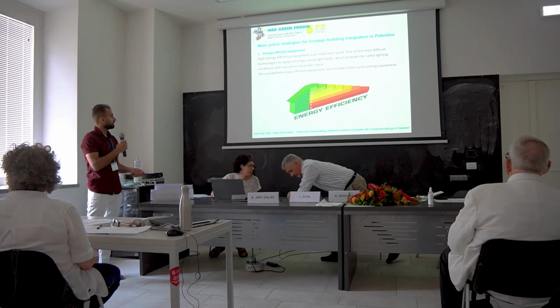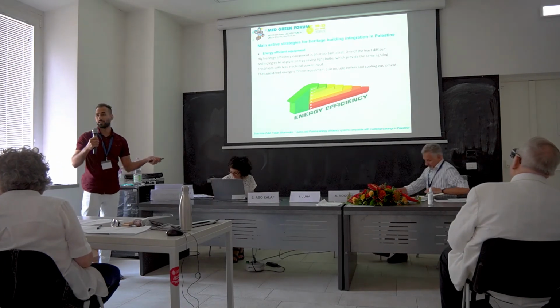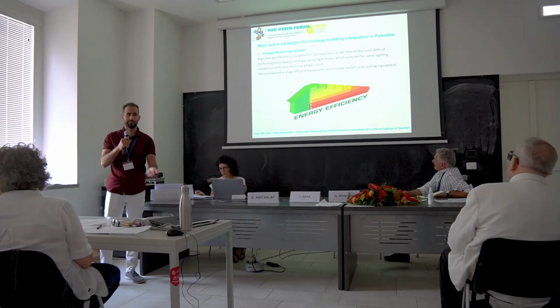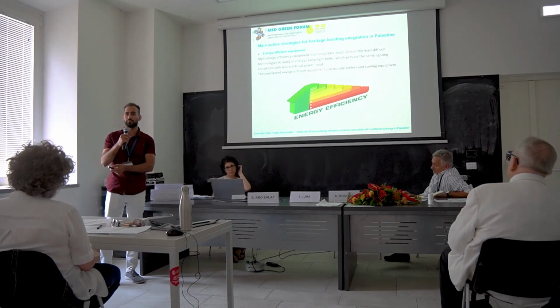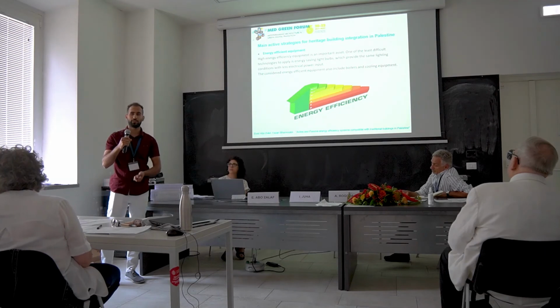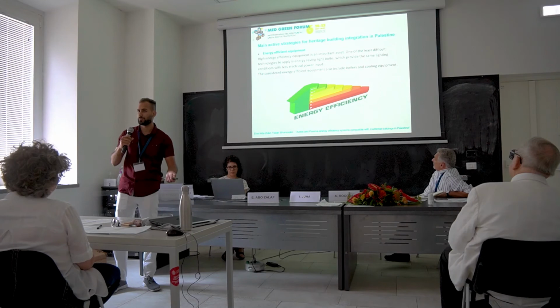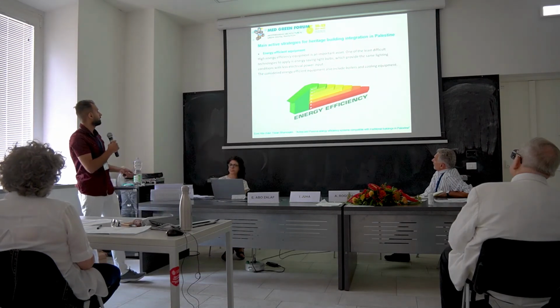Energy efficient equipment: making smart choices when buying cooling and heating appliances, water heaters and everyday appliances is going to set you up for comfort and will lower your electricity bills.